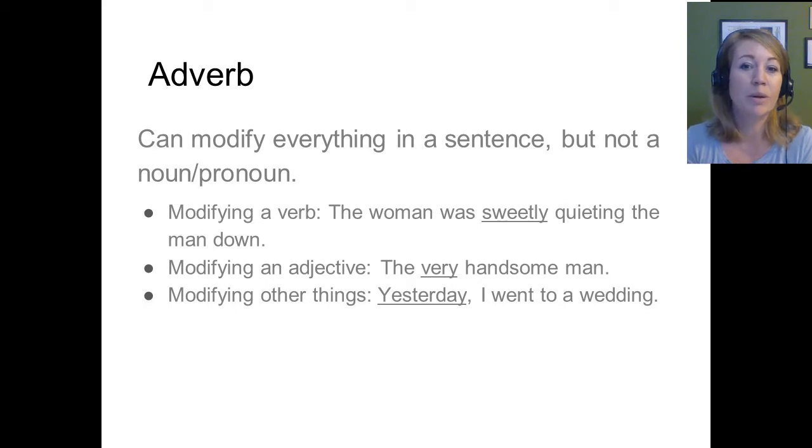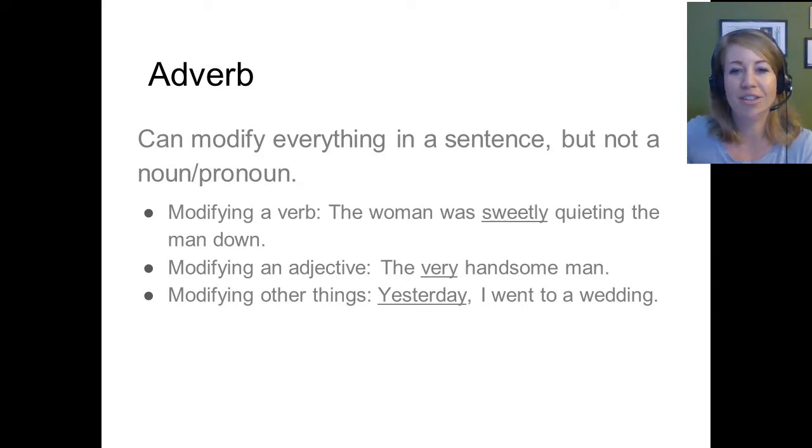So the woman was sweetly quieting the man down. The word sweetly is describing the verb quieting. The man was very handsome. This can describe an adjective. Very is describing the word handsome. It is not describing the noun man. Otherwise, the sentence would say the very man, right? And that in this context doesn't make sense for us.